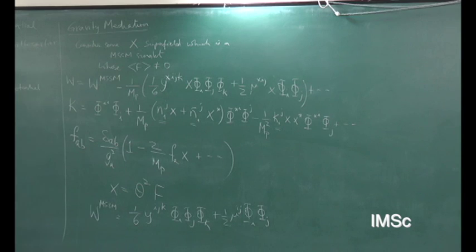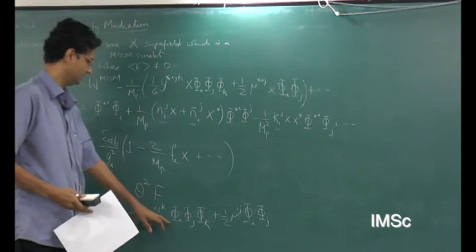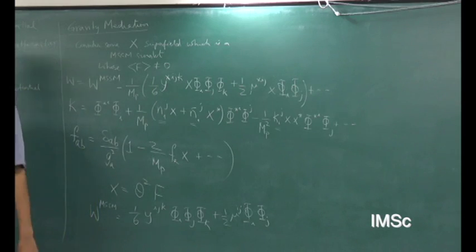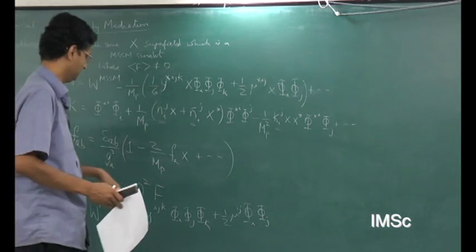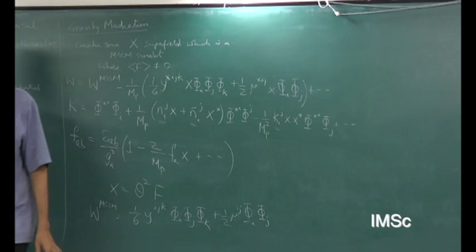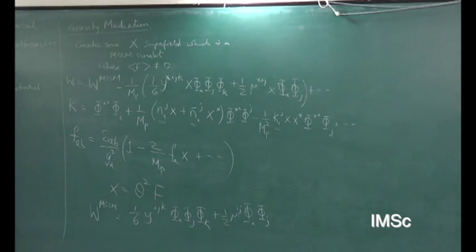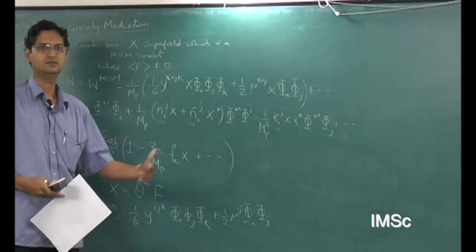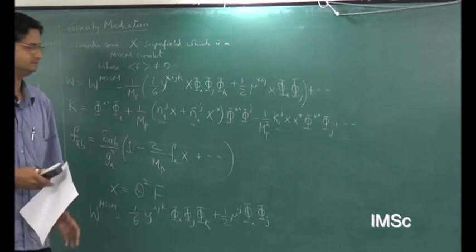So not all of these terms will be allowed, so depending on the gauge charges of which fields you pick, some of them will be allowed and so on. Not arbitrary combination of all the fives is allowed. So you'll have to pay attention to the MSSM gauge symmetry. And then some of these Y_ijk's will be non-zero depending on whether it's allowed or not.